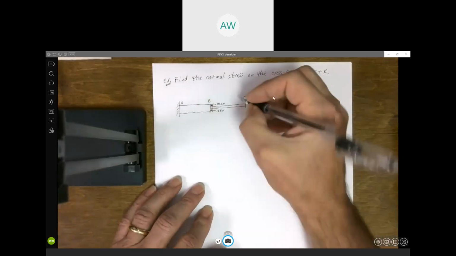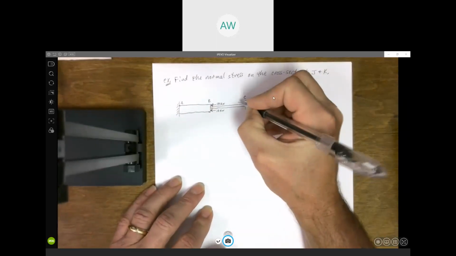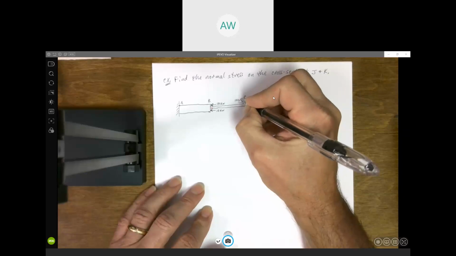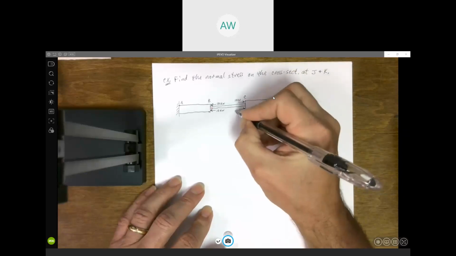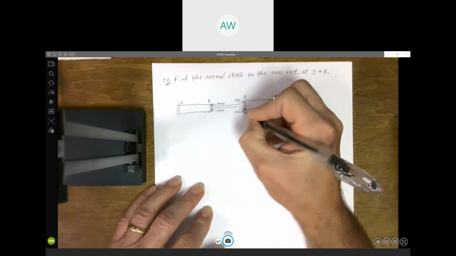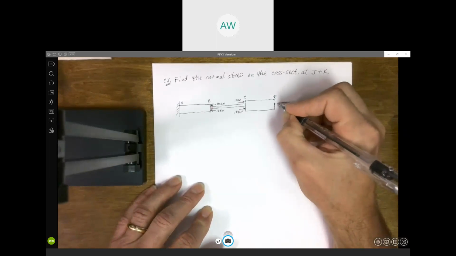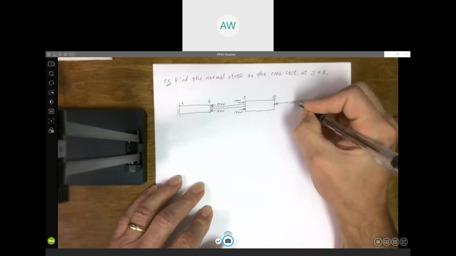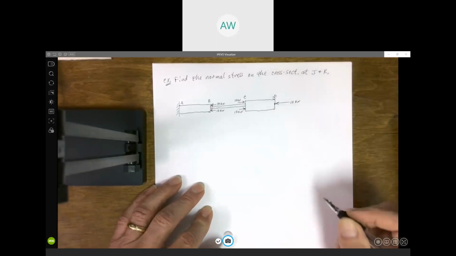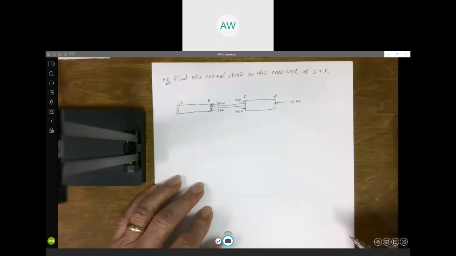We've got the same thing over here, two 10 kilonewton forces, this time acting to the right. And then out here at the end, another 10 kilonewton force, again applied right in the center.